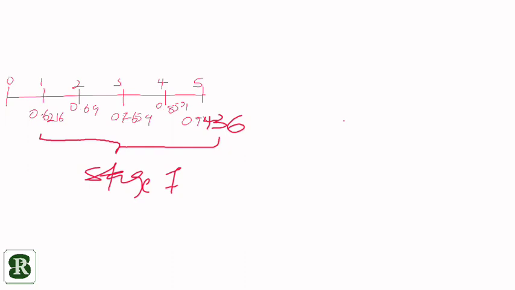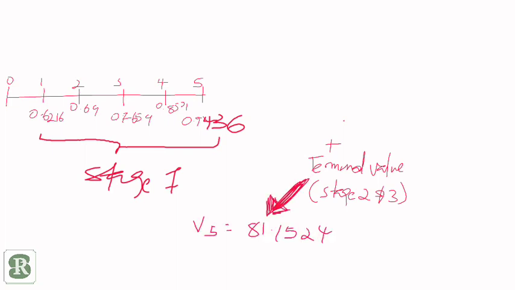CF5 would be the combination of the dividend payment in year 5, which is 0.9436, plus the terminal value that we had calculated as 81.1524. Again, do not forget this terminal value covers stage 2 and stage 3.